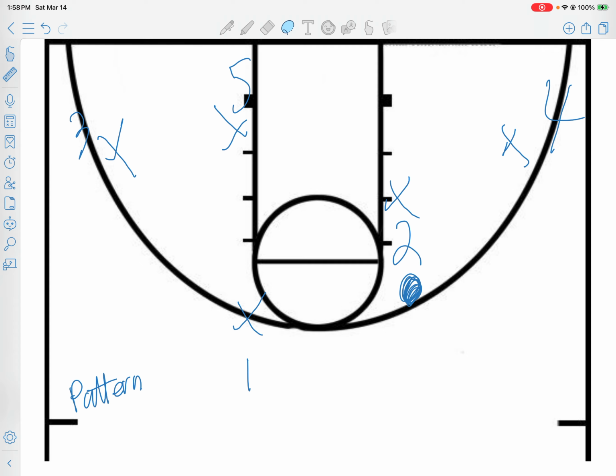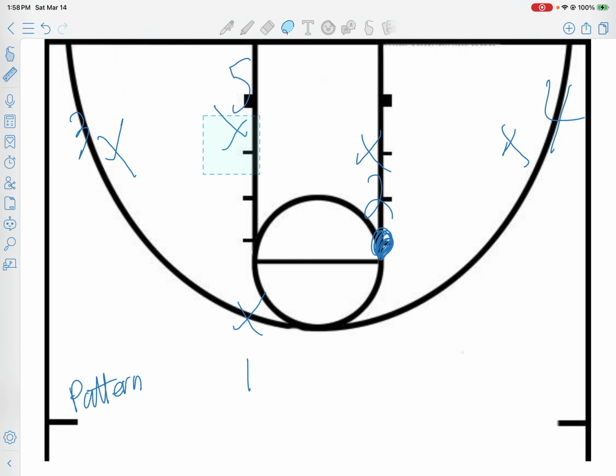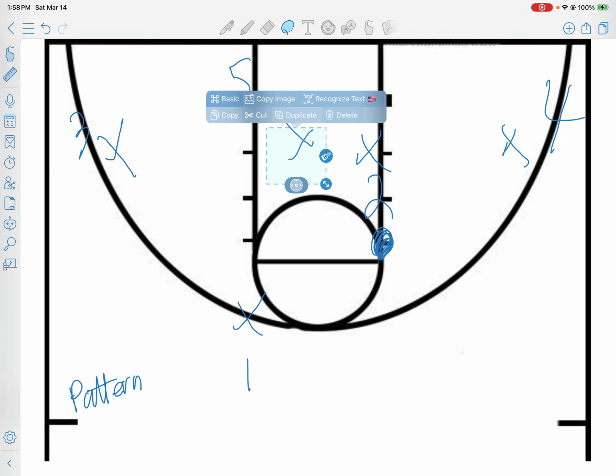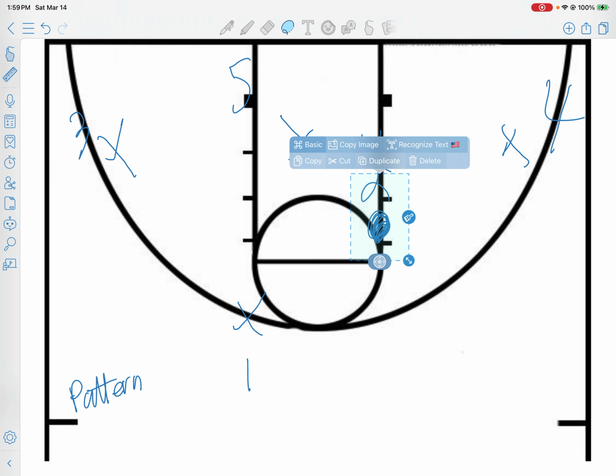Now, in situations where you can't, let's pretend that you take it in and your D's following you, and now the help side comes. So the 5D comes and helps. A lot of times the game is going to move so quickly that the ball handler kind of stops and might even turn around, or might force a shot up against 2 defenders.